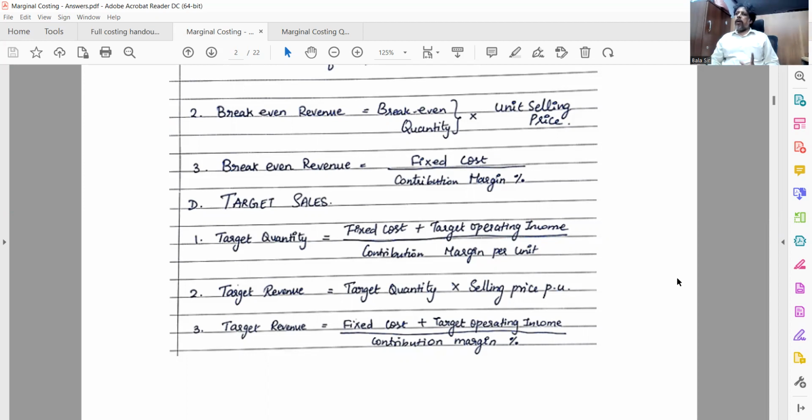You can use that formula to get the target revenue straight away. Otherwise, you have to find the target quantity and then find the target revenue. Or directly, you can use the formula fixed cost plus the target profit, divided by the PV ratio or contribution margin percentage. Is that fine? So please go ahead and take down these equations.